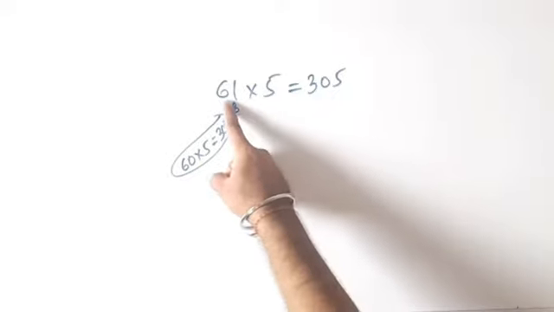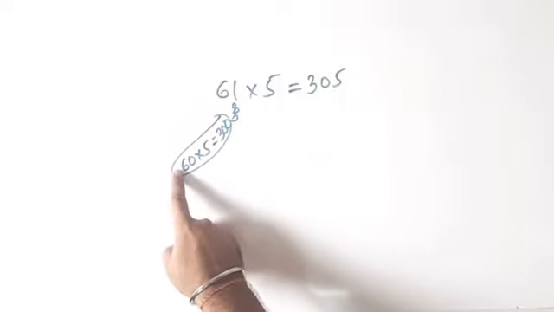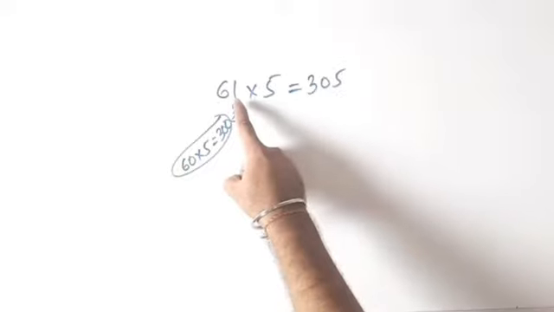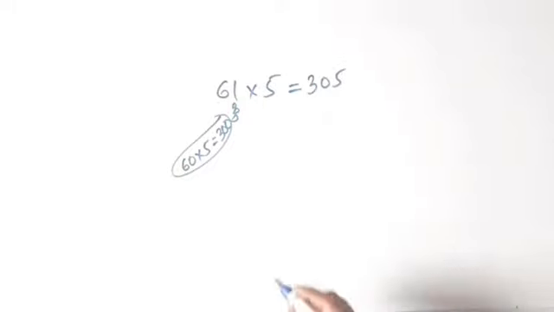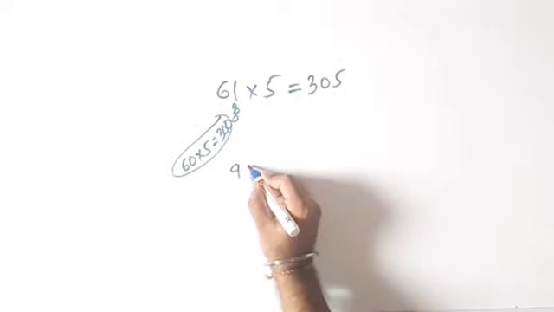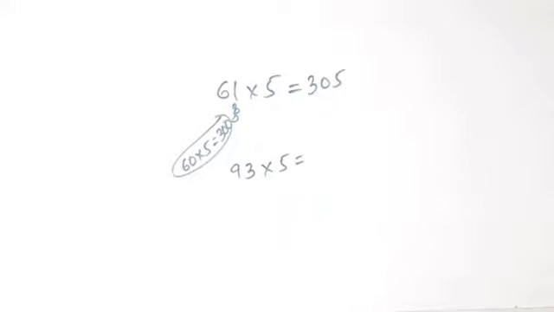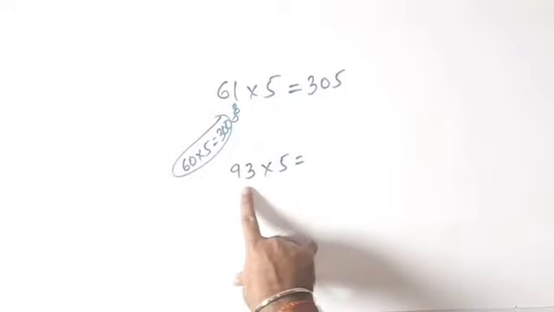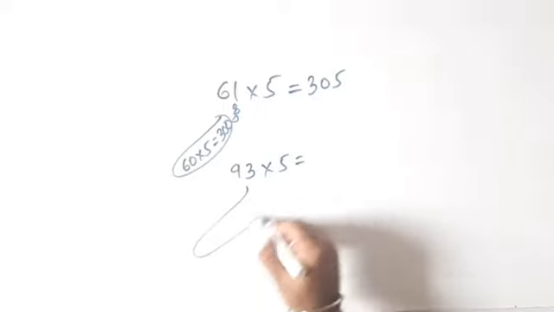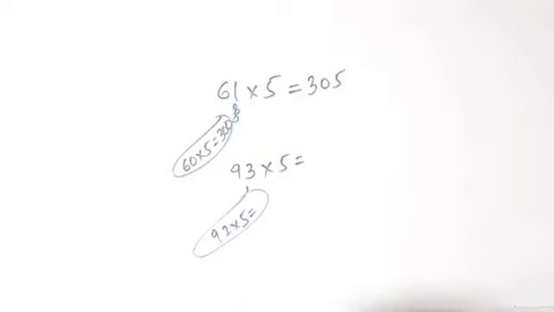While doing this, you just have to see the nearest even number or the neighboring even number of the given odd number. Let us take one more example. Let us say 93 times 5. What is 93 times 5? I don't know, but in my mind I can do 92 times 5.